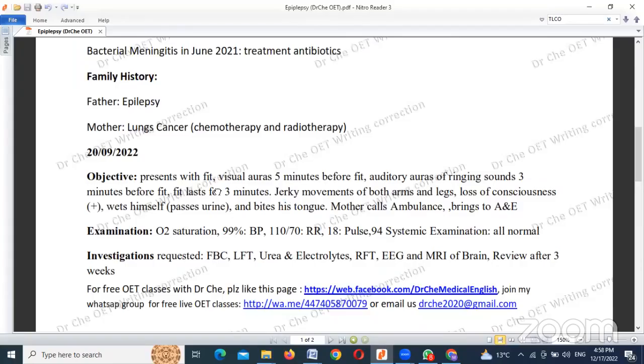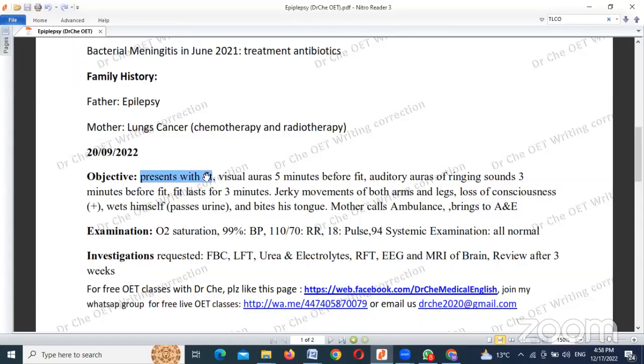Now the problem is how you will organize. Okay, this is the technique. Okay, this is the fit, and this is the fit itself, how it was. Okay, jerky movements.